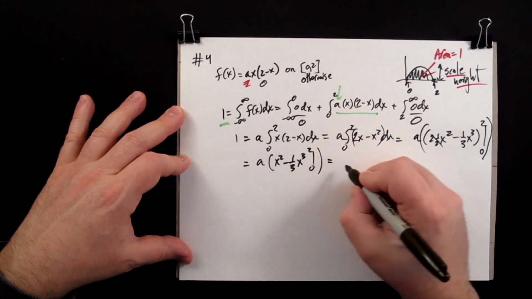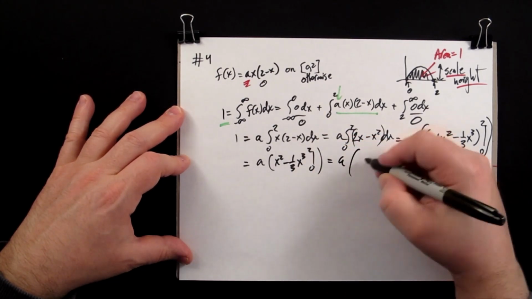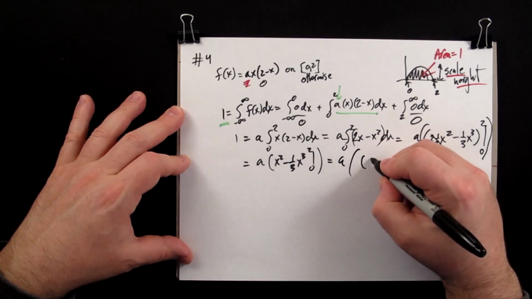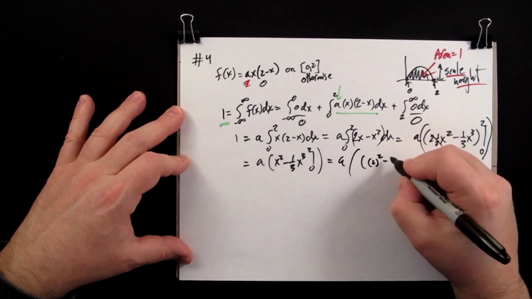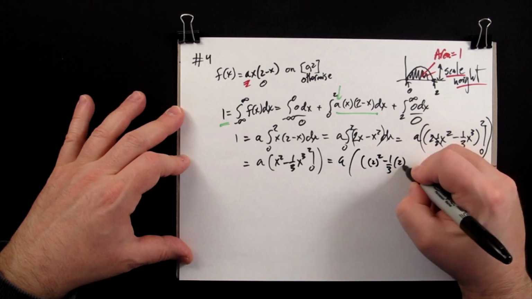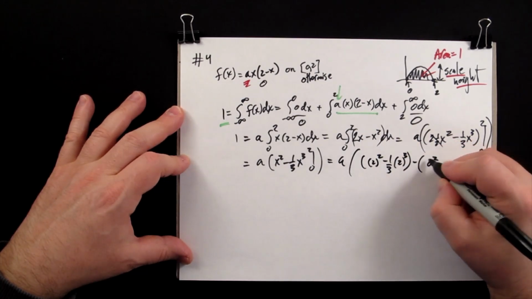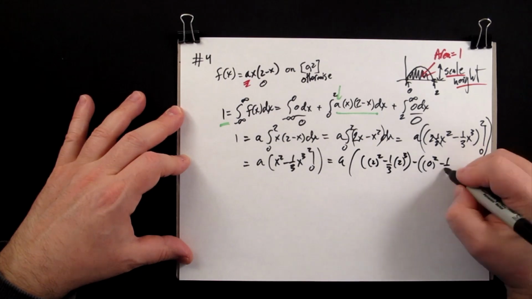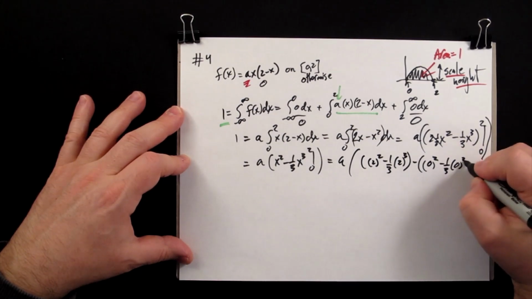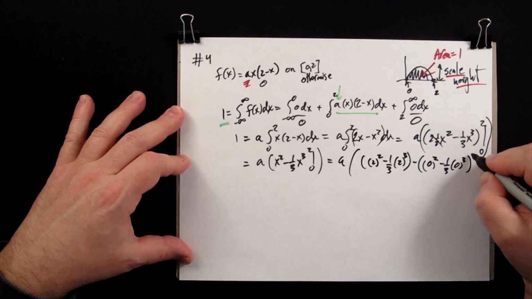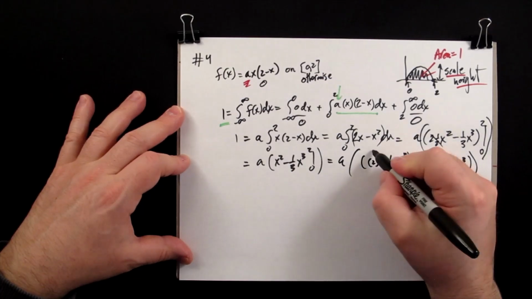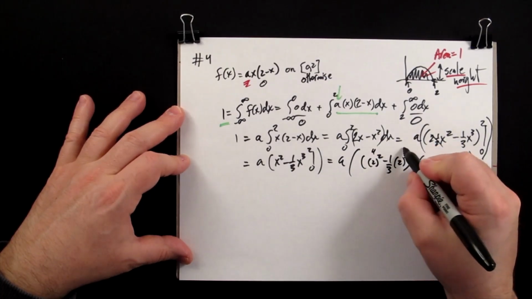So plug those in. That's going to be 2 squared minus 1/3 times 2 cubed, minus 0 squared minus 1/3 times 0 cubed. Alright, so this is 4. This is going to be 8.